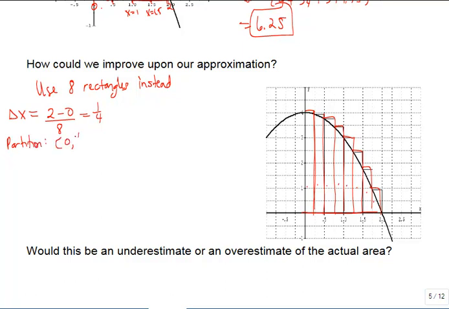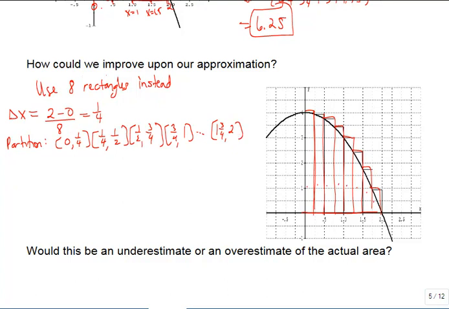It would start at 0, and the first rectangle goes up to 1/4. Then the second rectangle picks up at 1/4 and goes to 1/2. And then you would go from 1/2 to 3/4, and then 3/4 to 1, and so on until the very last one, which is going to be at 1 3/4 up to 2.